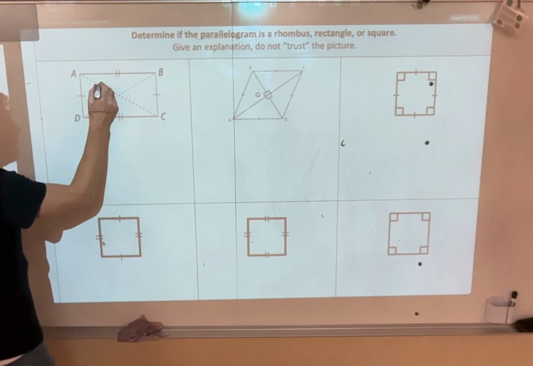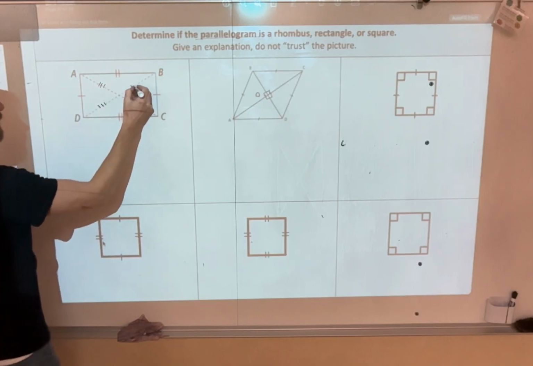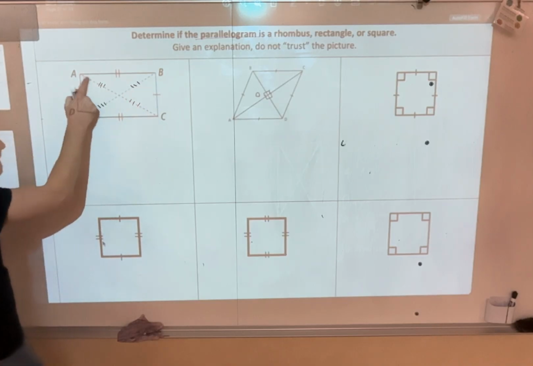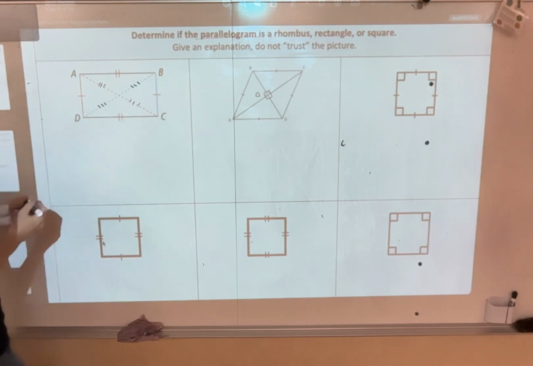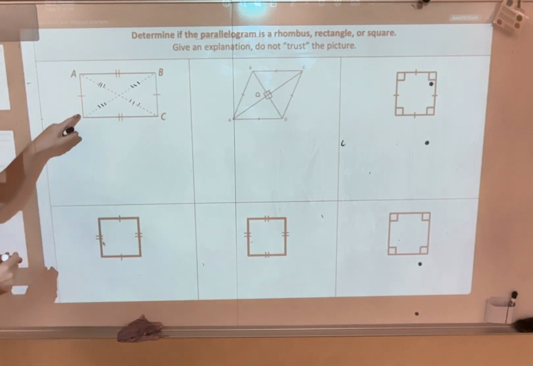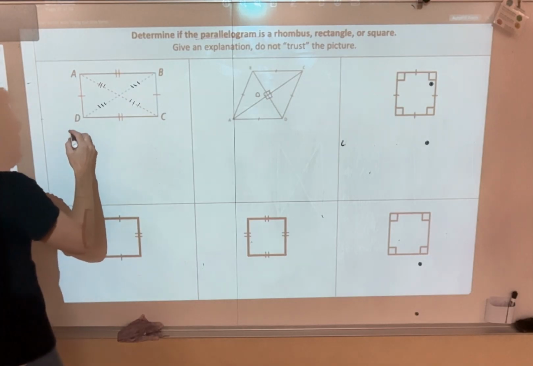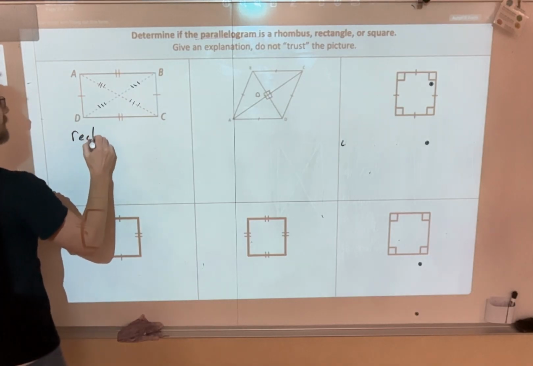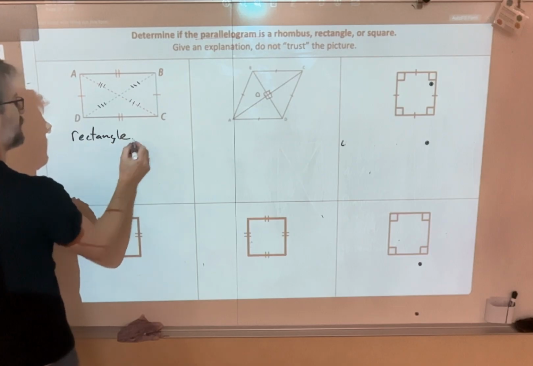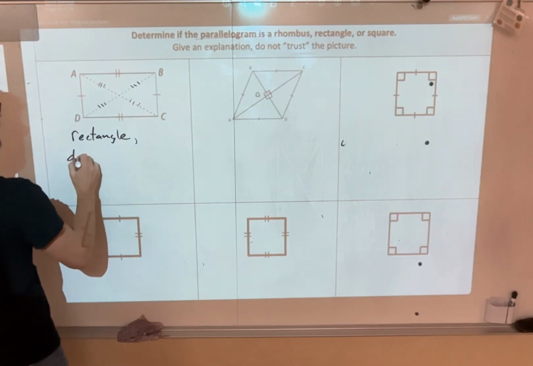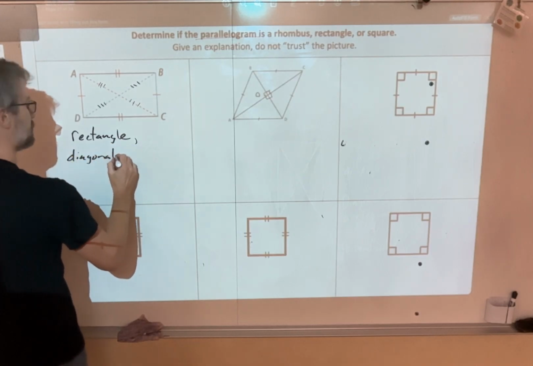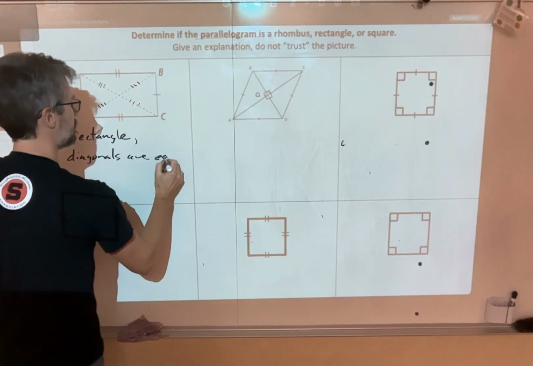I think that's what they're going for with this diagram, with those diagonal lines, showing that the blue and the red diagonal are congruent. So we could say that this is a rectangle. And our reasoning is that the diagonals are equal.